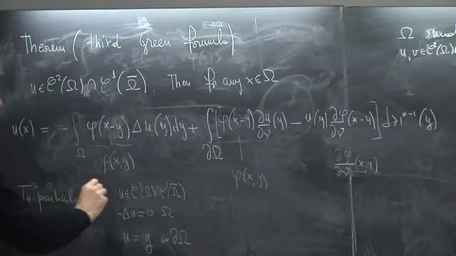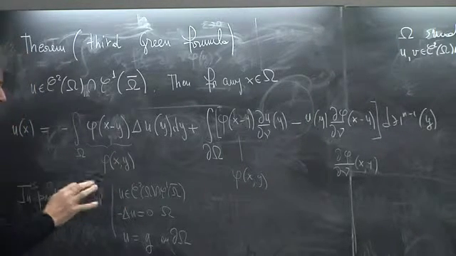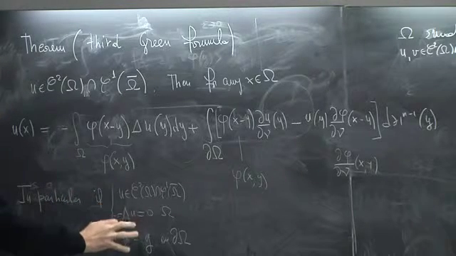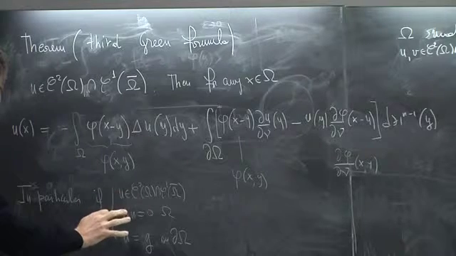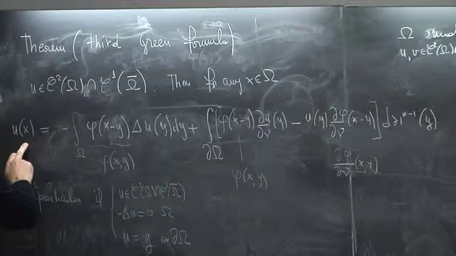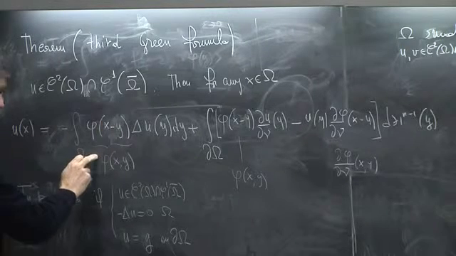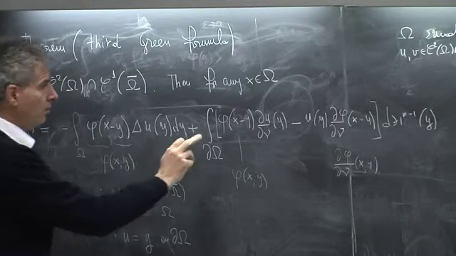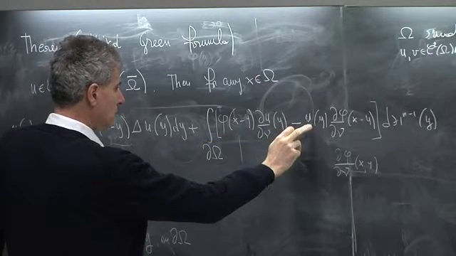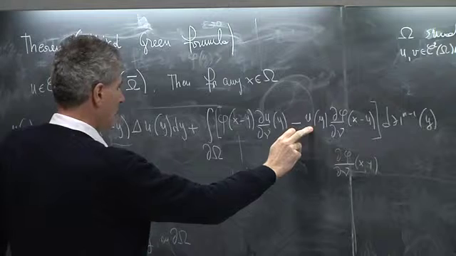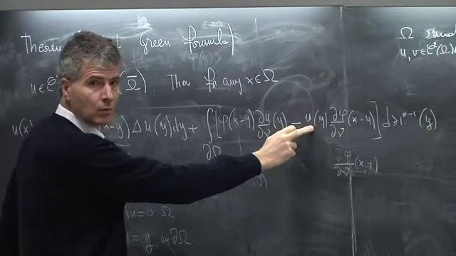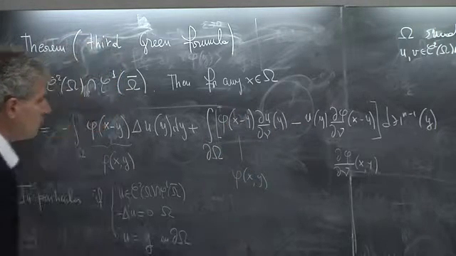In particular, if I am able to prove that this has a solution, if it has a solution, then u must be equal to 0 plus this, say this is g, and this is what it is.